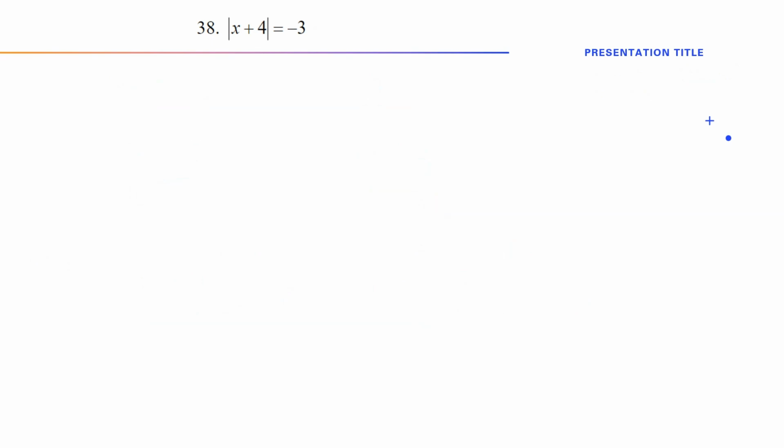Alright, so remember that we have absolute value of x equal a, x equal plus or minus a, but the important fact is that this only happens when a is greater than 0, or a is a positive number. Okay, so let's see, we have an absolute value equal to a negative number.